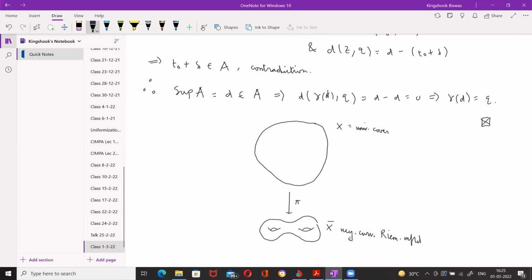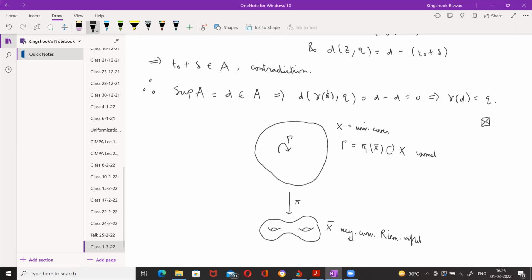Now what happens is you have gamma, which is pi1 of X bar, acting here. This acts on the universal cover by isometries.